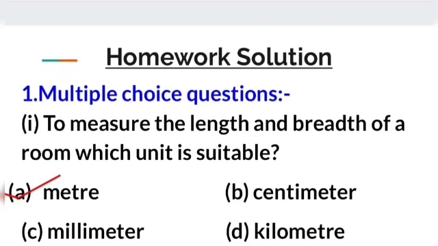To measure the length and breadth of a room, meter is the suitable unit, because centimeter and millimeter are used for very short distances, and kilometer is used for large distances. So to measure length and breadth of a room, meter is the suitable unit.